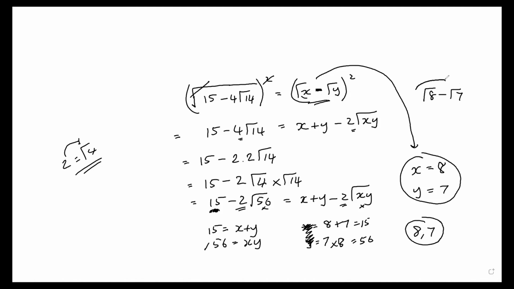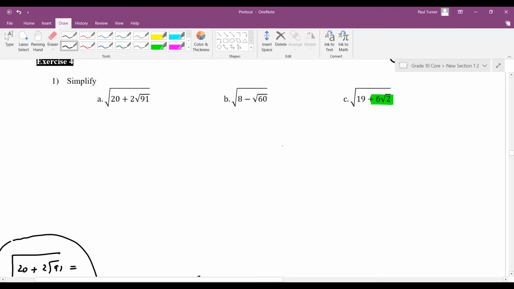That's the final answer. Now, we've got 8 minus root 60. Okay. So you can see the problem. We don't have a 2 here because we need it in the form with a 2. Okay, so that root 60, let's just write the working here somewhere. Root 60.